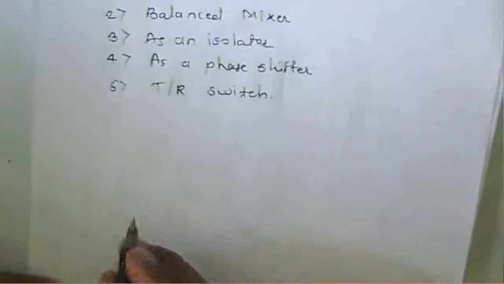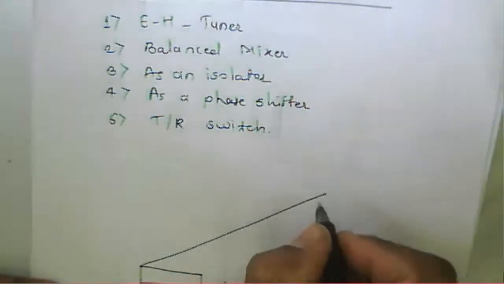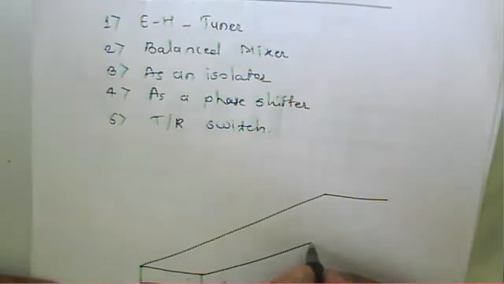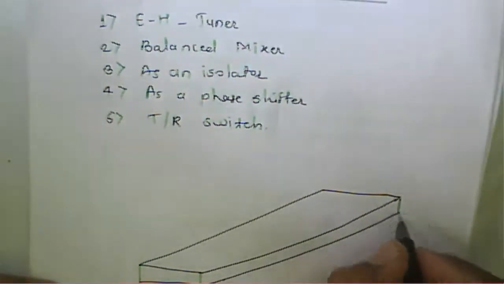So what happens here in the magic tee? The magic tee generally has 4 ports. If you simply draw a rectangular waveguide, then it is your rectangular waveguide.